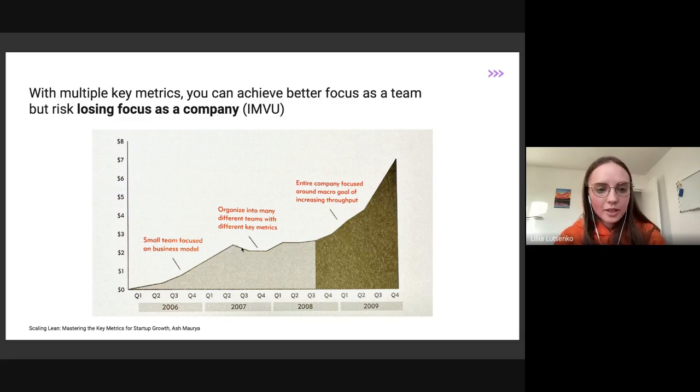And as a company, they suffered a revenue dip. But then they came together and focused around one goal of increasing some throughput or some core metric, which helped them grow as a company and ultimately grow their profitability, like their turnover, literally.